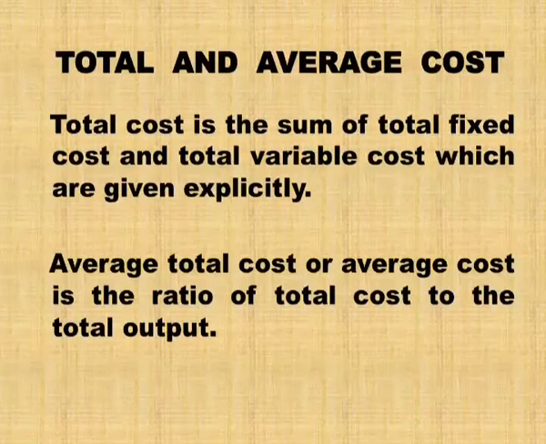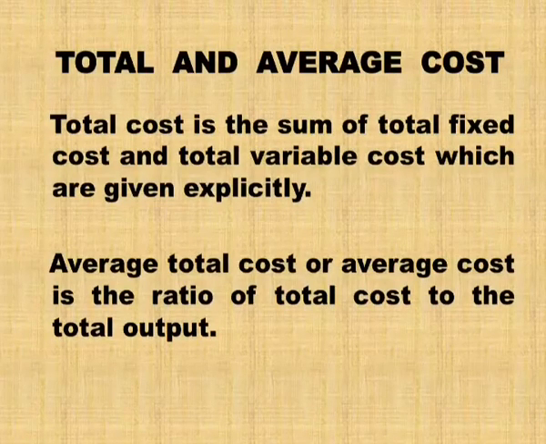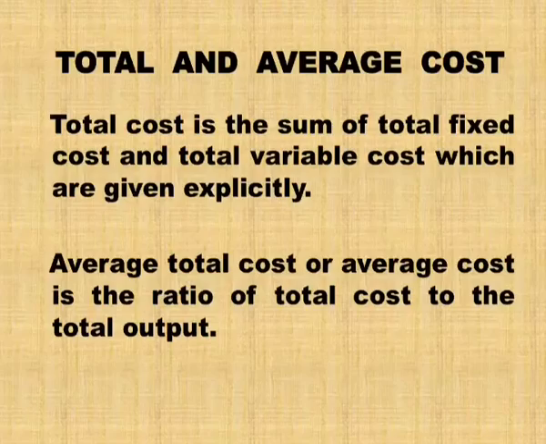Let us now go through the concepts of cost with the help of which we can measure various costs. These are total, average and marginal costs. Total cost is the sum of total fixed cost and total variable cost. Average total cost, or simply the average cost, is the ratio of total cost to the total output produced.